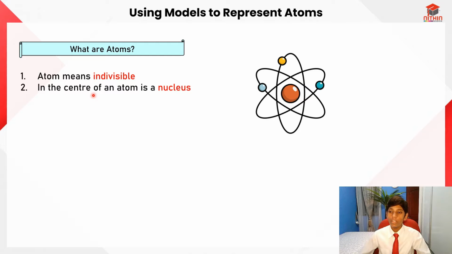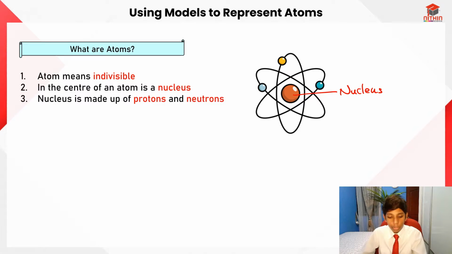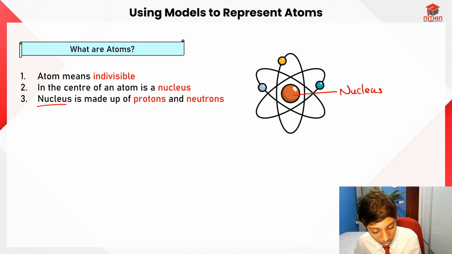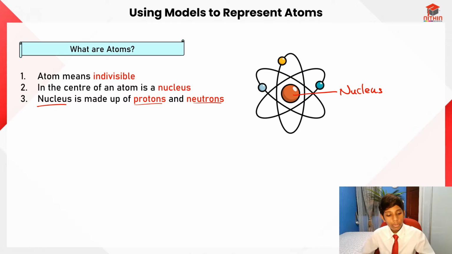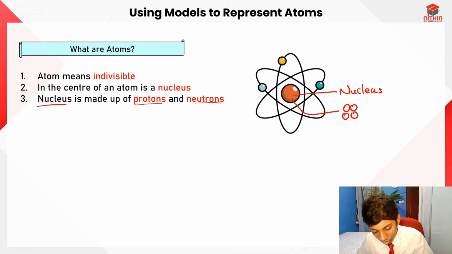Okay? In the center of an atom is a nucleus. So you see this part over here, this is actually the nucleus. Okay, next. The nucleus is actually made up of protons and neutrons. So in this nucleus, there are actually smaller circles such as protons and neutrons. Okay, just 1 second.